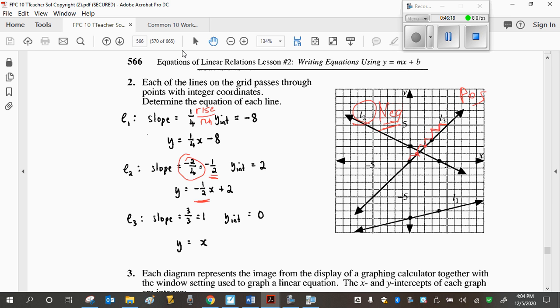If it goes down from left to right, it's a negative slope. If it goes up from left to right, it's a positive slope. So with negative slopes, you might be able to catch your mistakes if you just take a quick peek. Say, okay, line 2, I got slope -2/4. Let's see it. Yeah, it should be a negative slope. Takes 5 seconds.